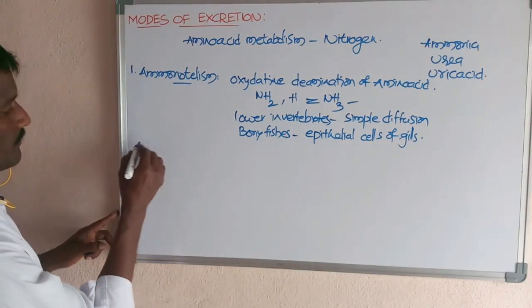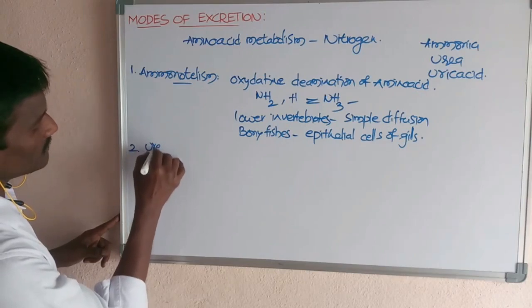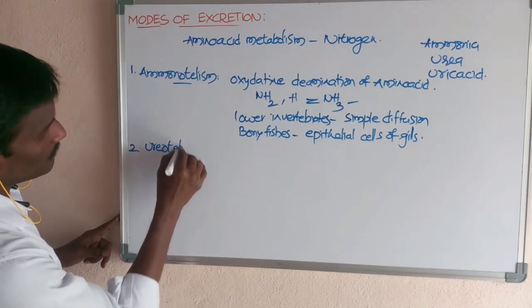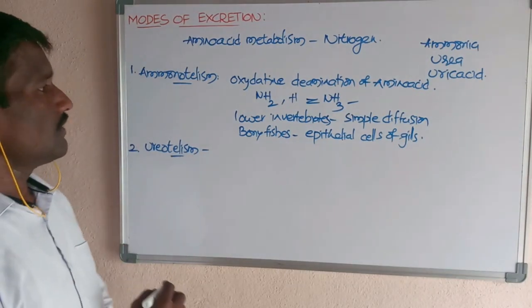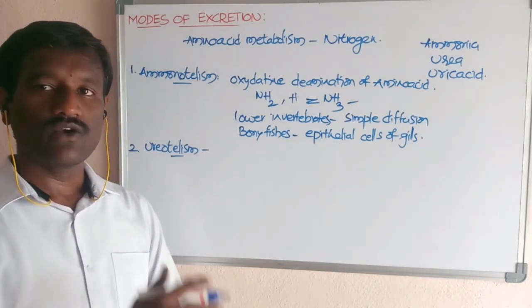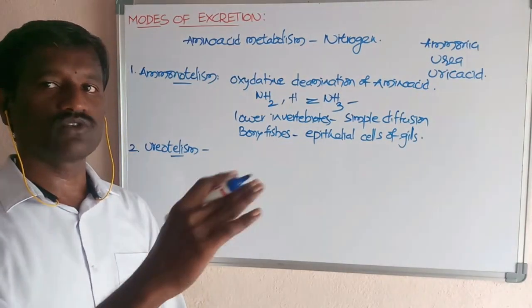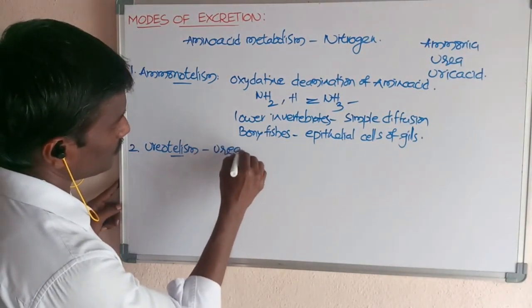Now the second one is called ureotelism. Ureotelism means nitrogenous waste products are eliminated outside in the form of urea.